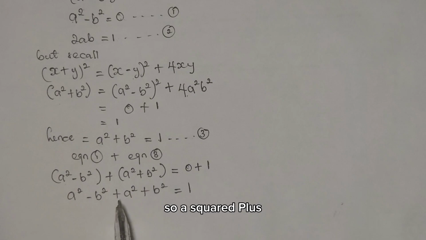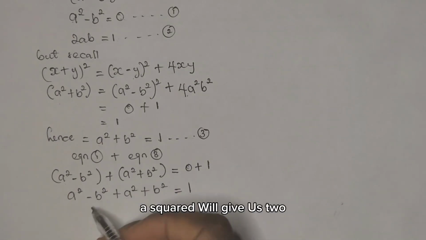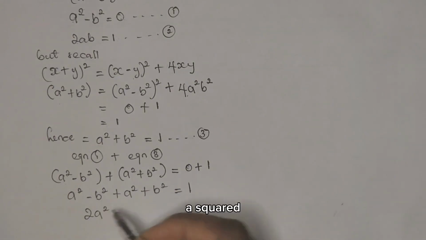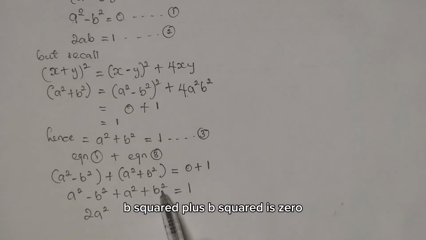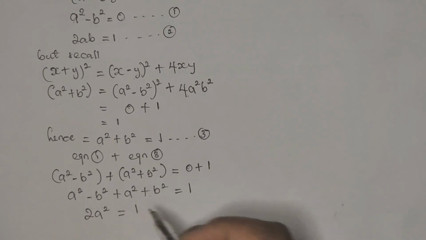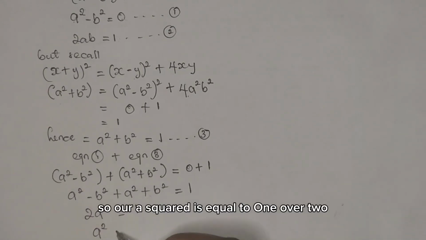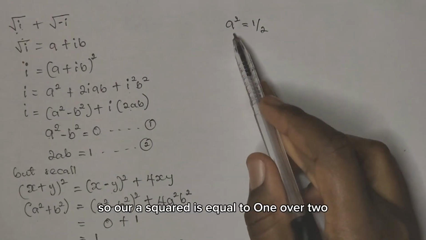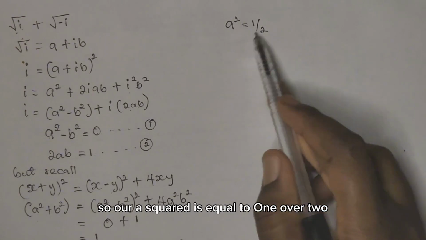So a squared plus a squared gives us 2a squared, and minus b squared plus b squared is 0. So 2a squared is equal to 1, and our a squared is equal to 1 over 2.